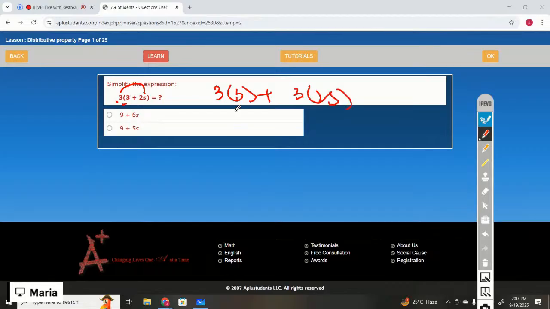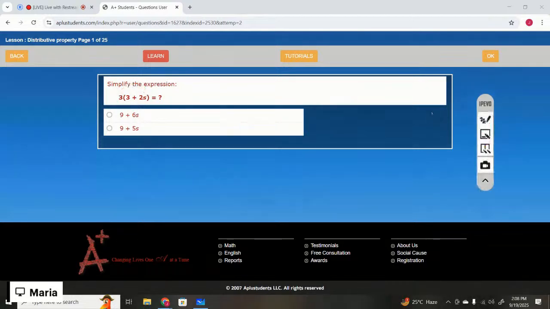So 3 times 3 is 9 and 3 times 2 is 6, so that is 9 plus 6s. Option number 1 is the correct option, that is 9 plus 6s.